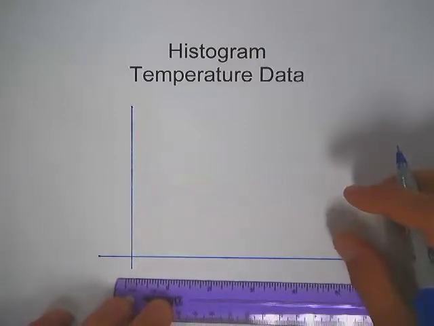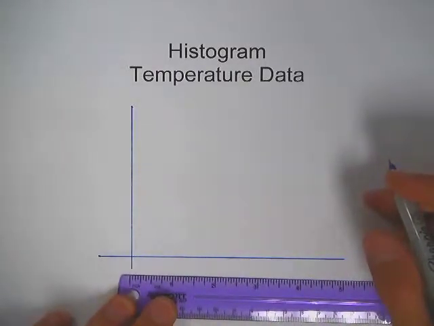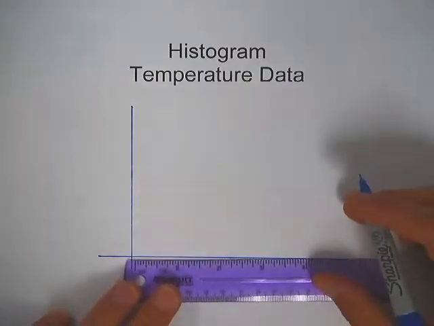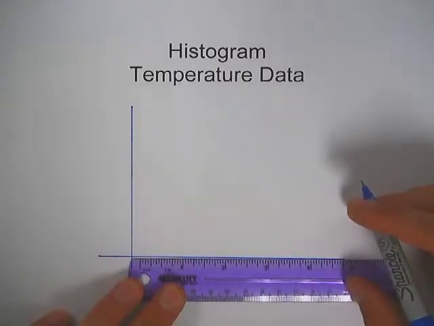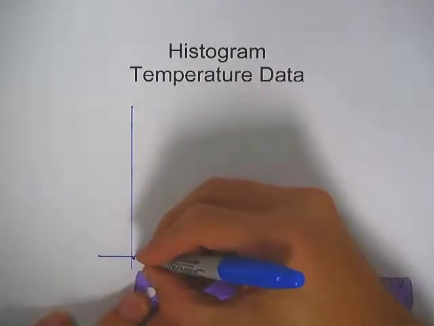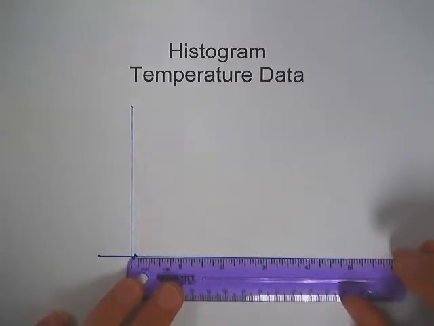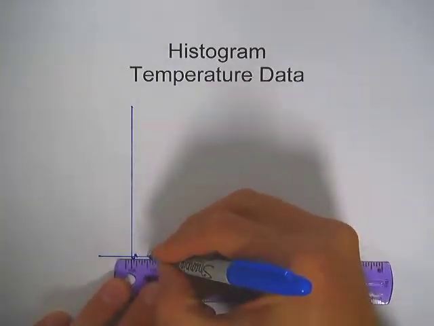Okay, so the first thing I want to do is label my x-axis, and again I'm going to use intervals of width 5, starting at 70 and counting up to 100. What I like to do is start 70 a little bit past 0. Sometimes you'll see a little mark like that, which means that you're skipping from 0 to another value. That's optional though. So let's start here.